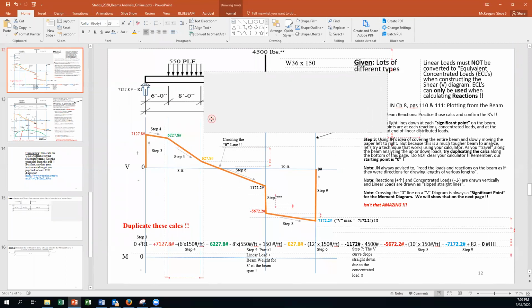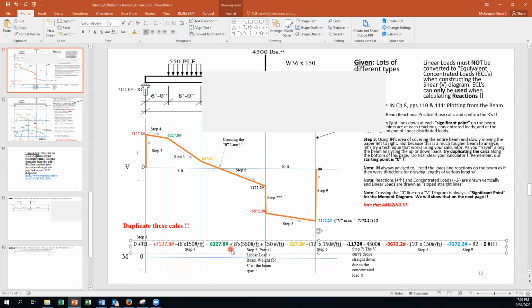Now what we're doing is we're analyzing 8 feet of the span. So leaving that green number in your calculator minus, and actually that should be double parentheses, 8 feet times, but now you've got 550 pounds per foot plus 150, over a span of 8 feet.